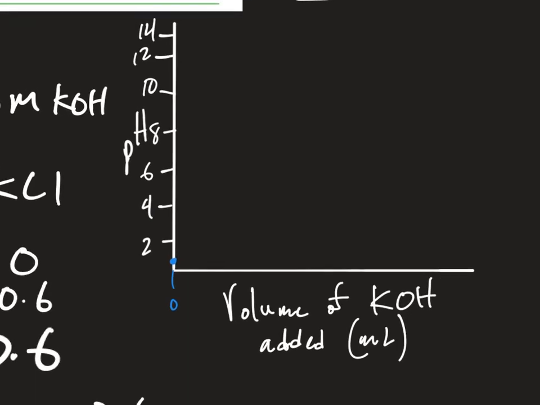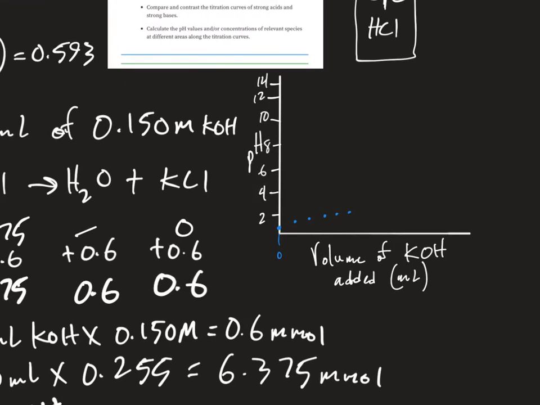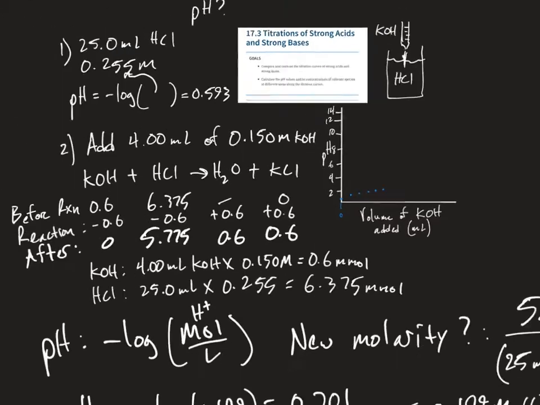We are basically right about maybe here on our curve. And we'll see as we add little bits of KOH along the way, this will slowly raise up as we neutralize a little bit of the acid. But we're always going to have a bunch of excess acid, so the pH is still going to be very low. So that's the first part of what a pH curve for this titration would look like.